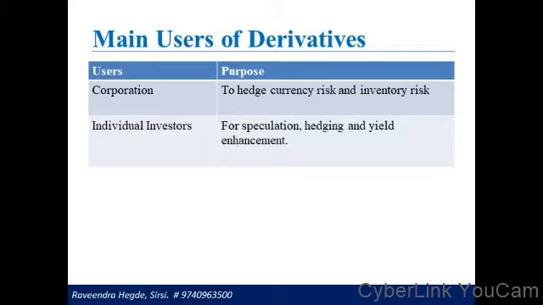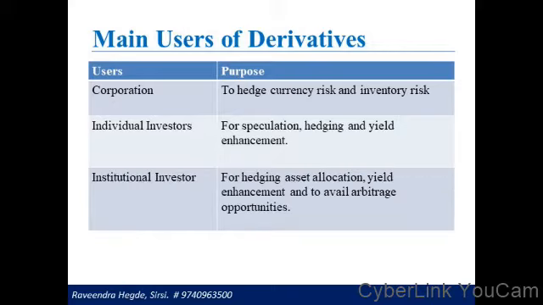The main purpose is for speculation, hedging, and yield enhancement. Next user is institutional investor, and the reason is for hedging asset allocation, yield enhancement, and to avail arbitrage opportunities.